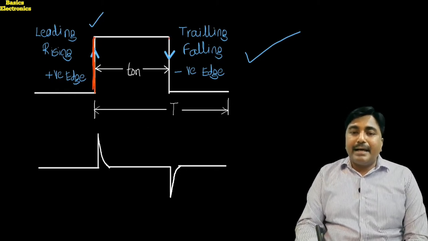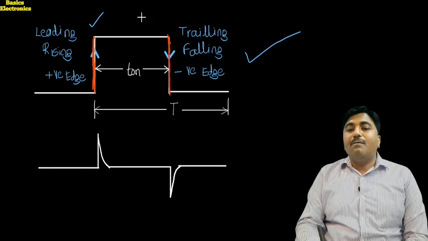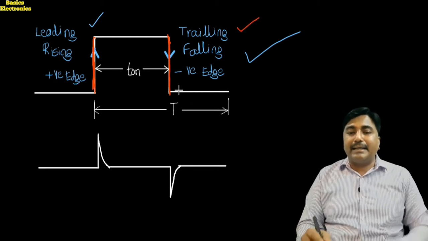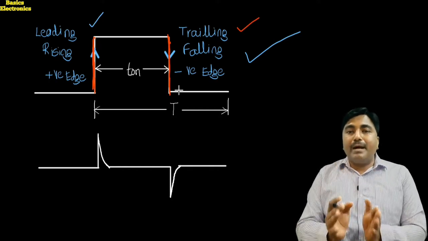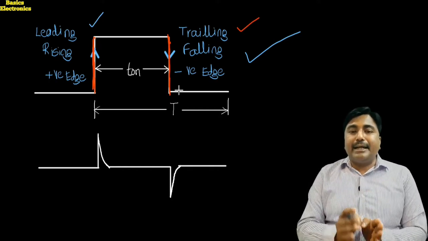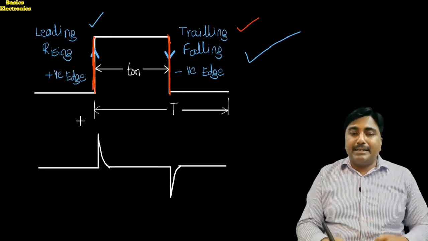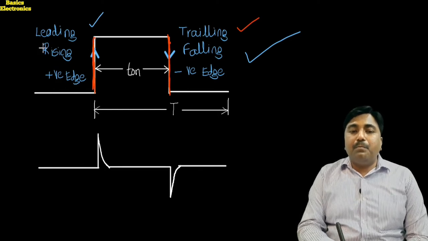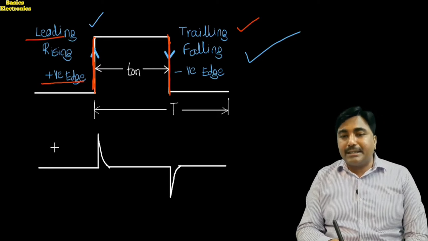Or when there is a change of the state of the flip-flop at the falling edge, the trailing edge, then it is what we call negative edge triggering of the flip-flop. It means when the flip-flop changes its state at a particular instant, and that instant is the rising edge or the leading edge, then it is what we call positive edge triggering.